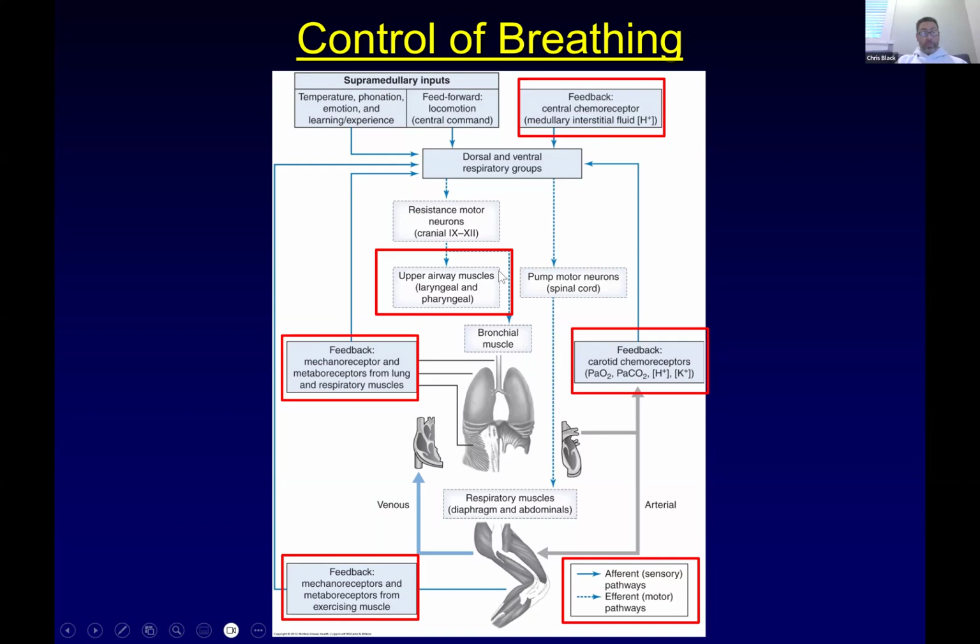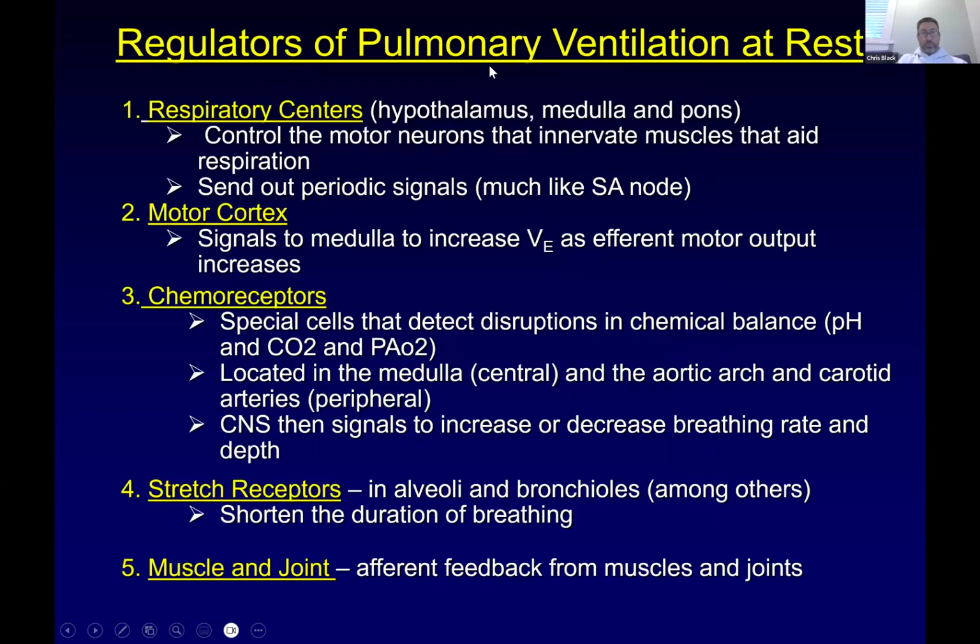We have upper airway muscles, looking at what we are doing and whether we can actually have conscious control there. Feedback in the carotid chemoreceptors measures arterial O2 and CO2 levels and hydrogen. And then we've got these afferent and efferent feedback things going on.